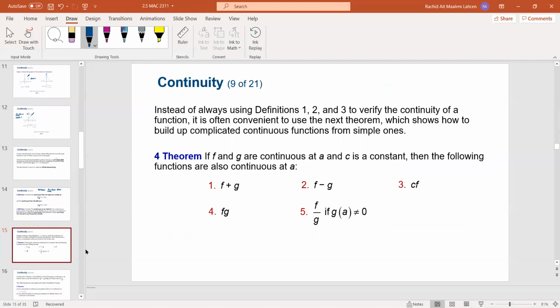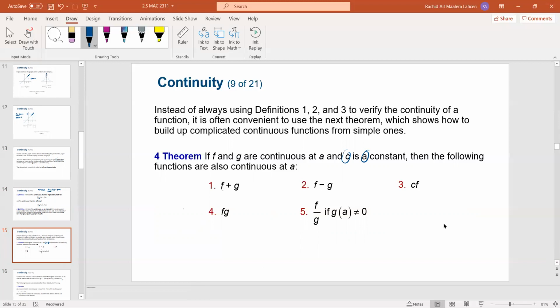Then some would use these types of definitions here. These properties: if f and g are continuous at a, and c is a constant, then the following functions are also continuous.